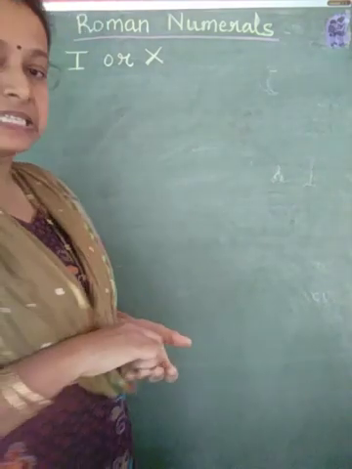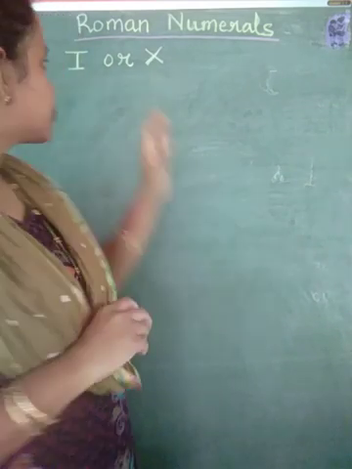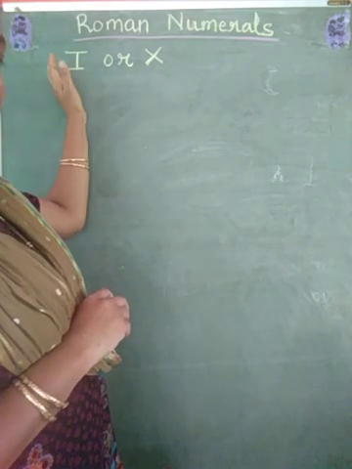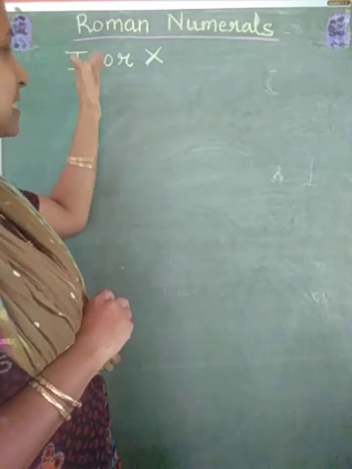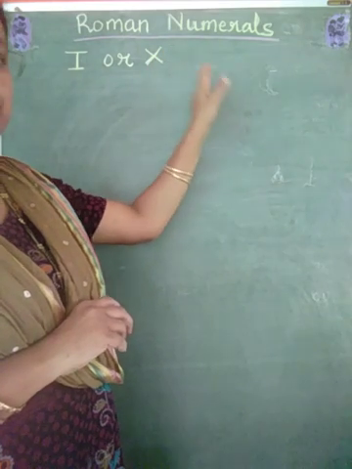Now what does sum mean? Sum means addition. So if they come 2 or 3 times, that means you will be adding each of these letters and you will get their sum, that is their addition number.